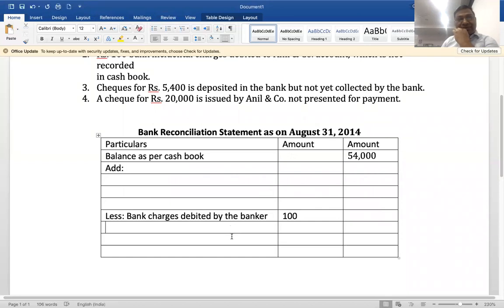Because it is not yet credited, you have to bring down this amount as per cash book to the actual balance. When you send the check to the bank, this 5,400 is recorded in the cash book. So you bring it down by this much, 5,400.